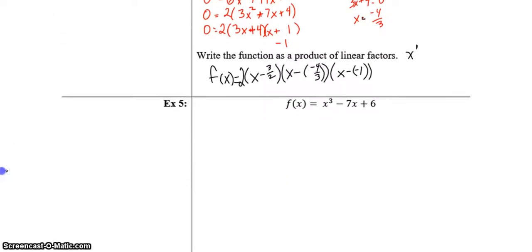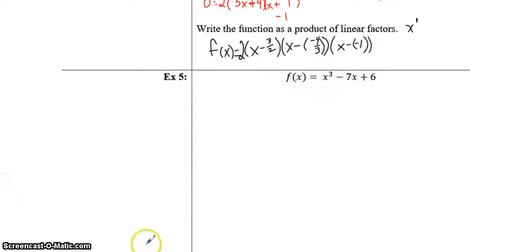Okay, next one. If that was x squared, we could factor it. X cubed, can't see it. So choices: 2, 3, 6, factors of 6.